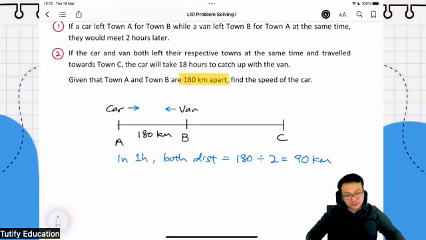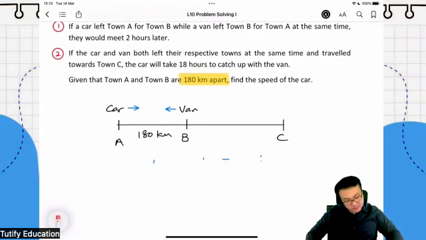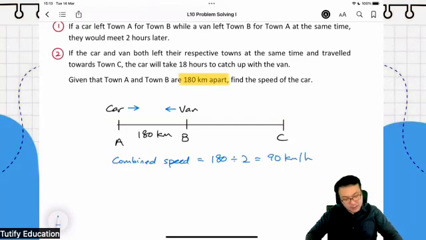Okay? So what does this mean? This means that the total combined speed of the car and the van is 90 kilometers per hour. Both of them can travel 90 kilometers in 1 hour. And that is why 2 hours later, they will meet each other.